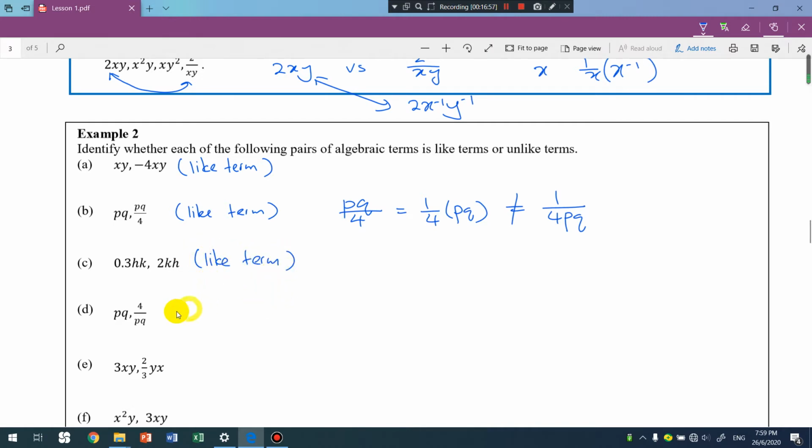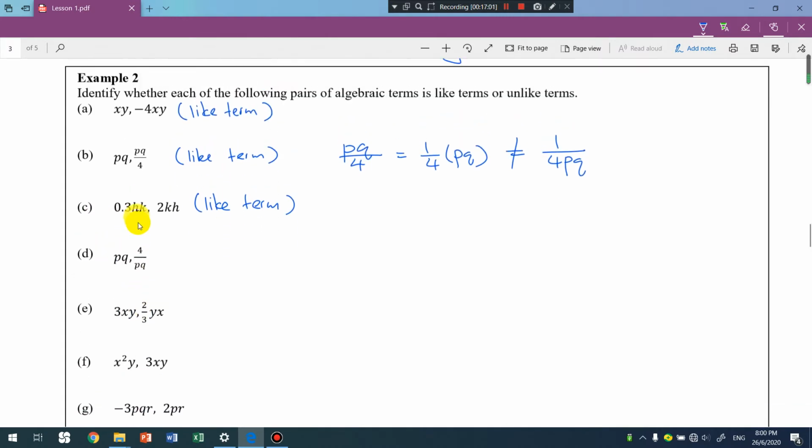Like terms. How about this? Before I tell you, hopefully you got the answer. Are they like terms or unlike terms? Unlike terms. Why? Because 4 over pq is actually 4p power -1, q power -1.